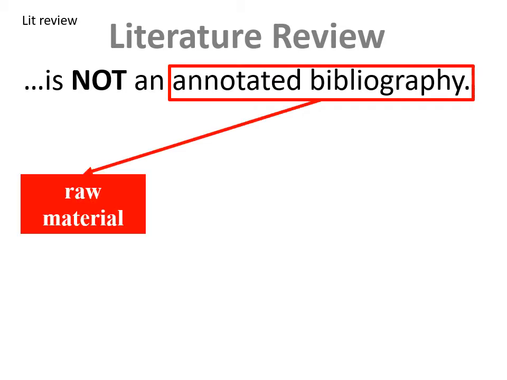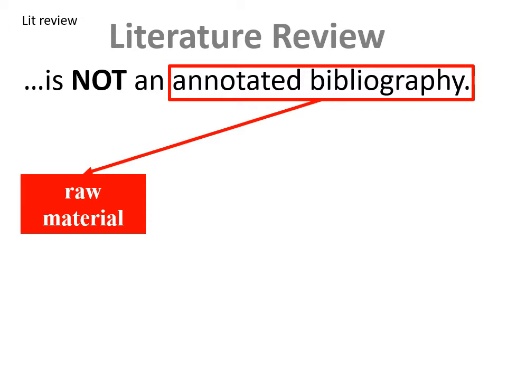An annotated bibliography is basically the raw material for your lit review. You've taken each of those sources, you've analyzed them, so you've broken them down into different parts. In your first paragraph, you've identified the SPICKERS 6 steps as they pertain to your source. In your second paragraph, you talk about the main findings and the limitations.